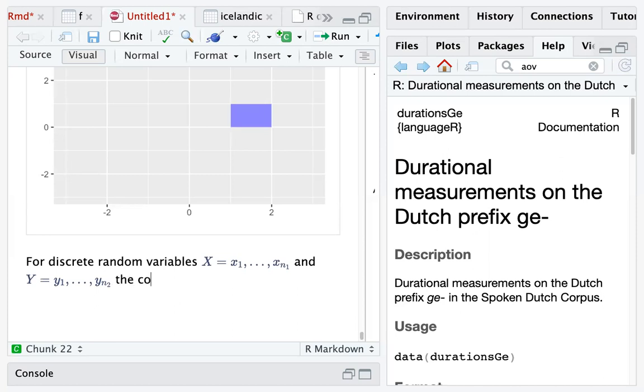The covariance is defined by this formula.